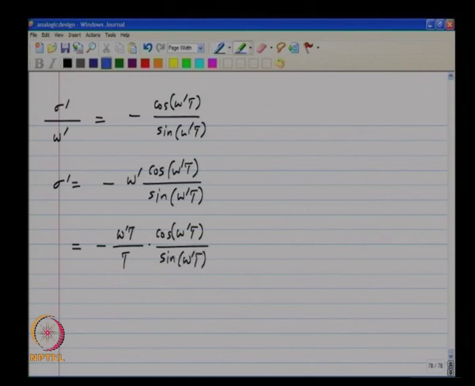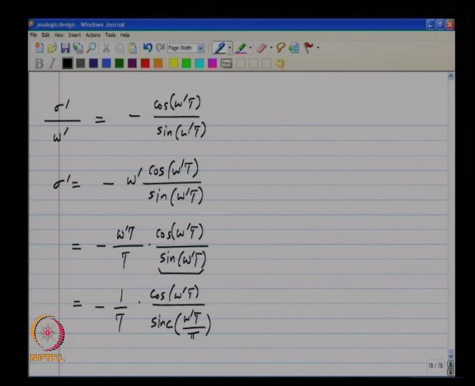I have taken a factor of tau out of the equation, and if you look at this, we have sin omega prime tau divided by omega prime tau, which is a sinc function. Okay. So, that is what it is.